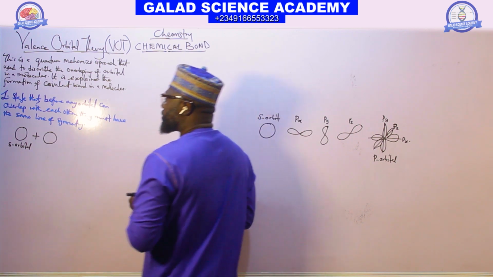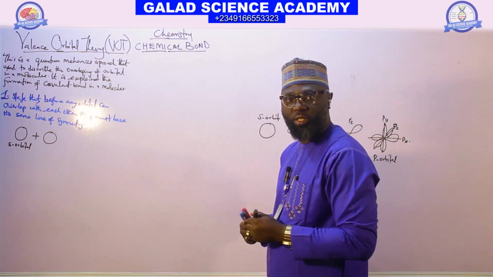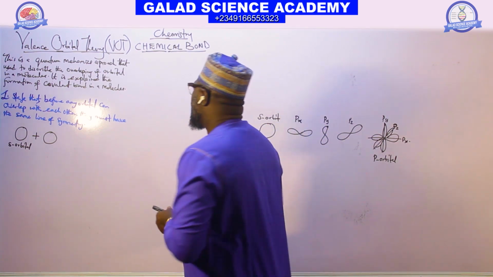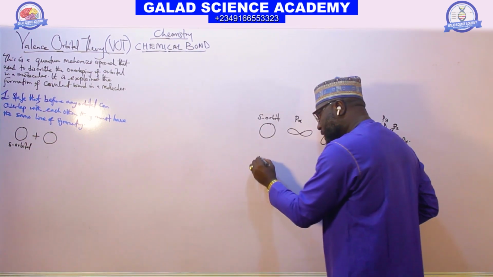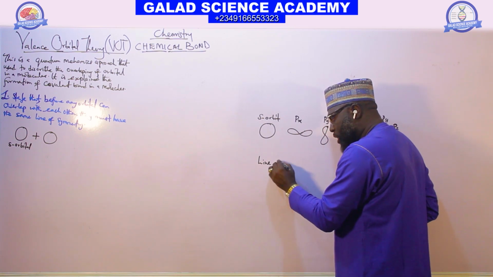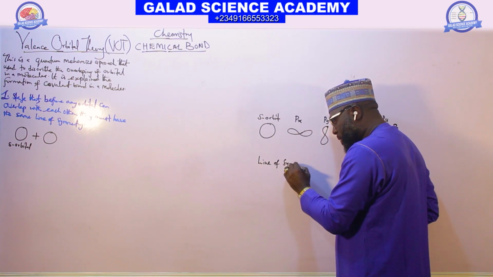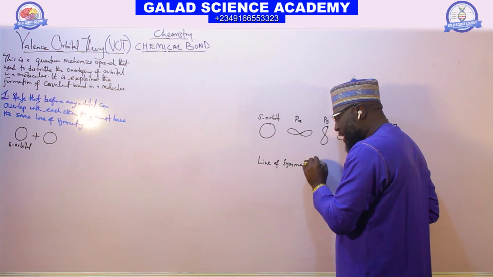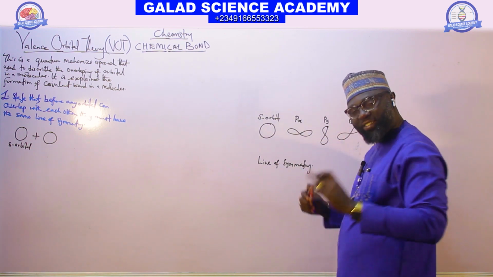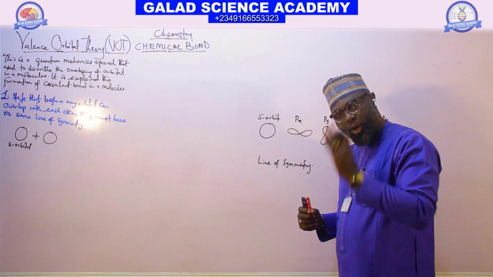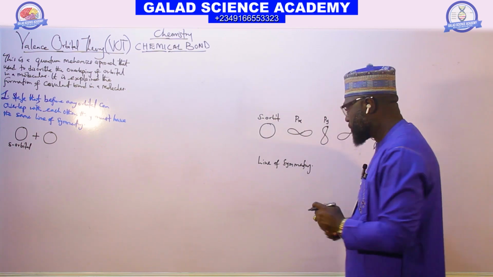let's check the line of symmetry. If you are talking about line of symmetry, it is a line that divides a body into two equal parts.